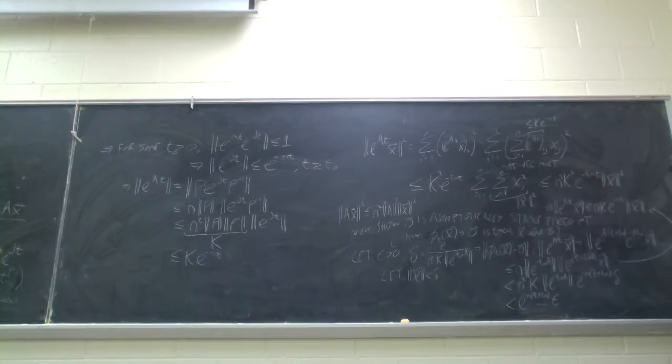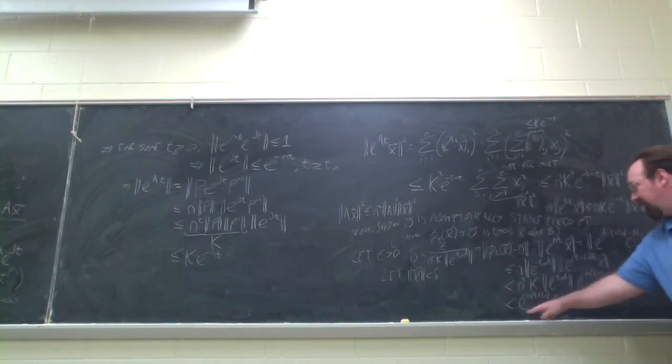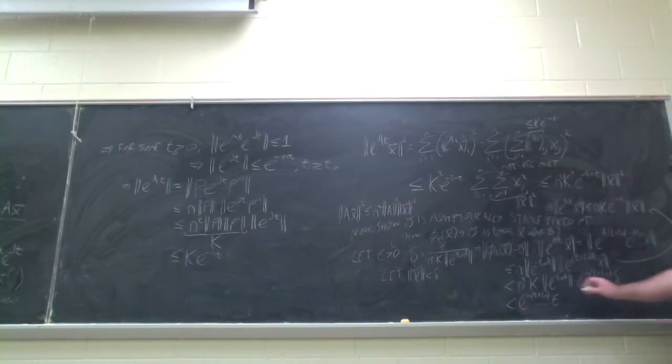But this is an exponential of a negative exponent, so this whole exponential is less than 1. So the whole thing is less than epsilon. So what that means is 0 is a stable fixed point.